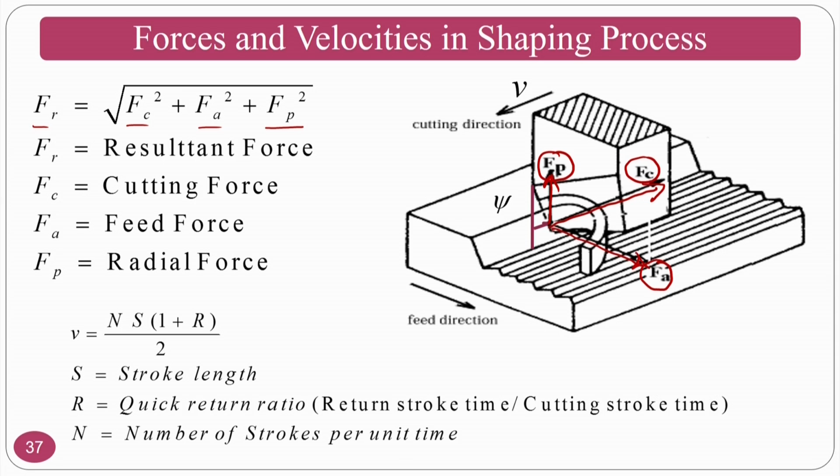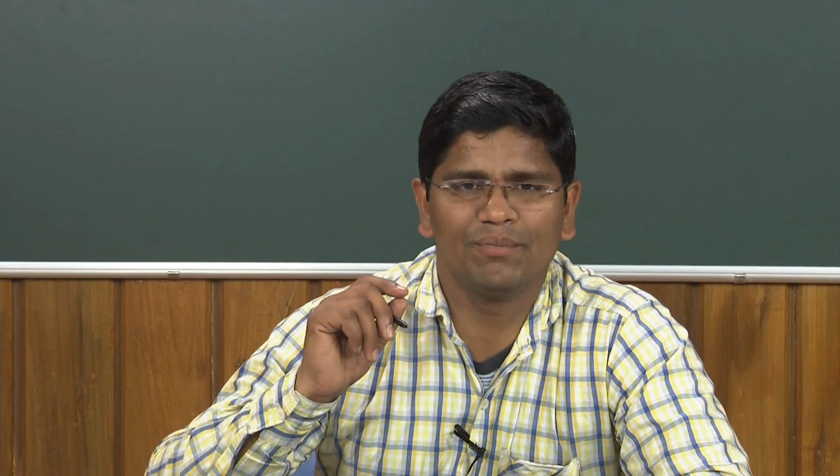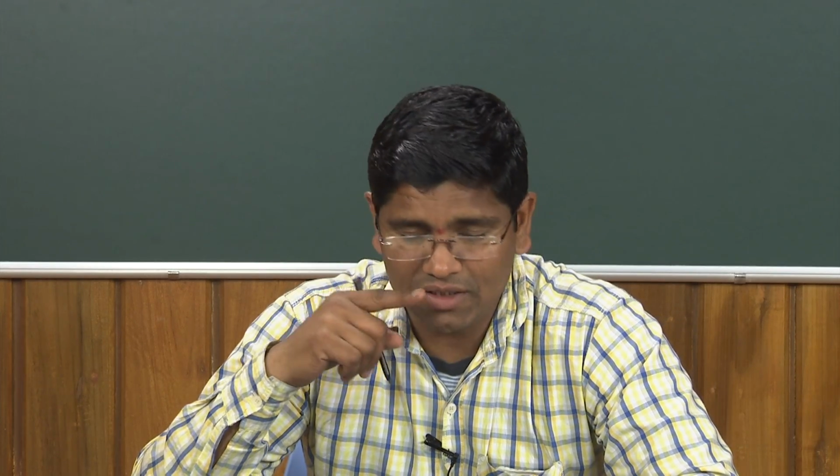If I want to calculate the velocity, because a quick return mechanism is involved, the velocity of the forward stroke is different from the reverse stroke. That's why you have to be attentive here. It cannot be simply L1 plus L2 by 2 or something.